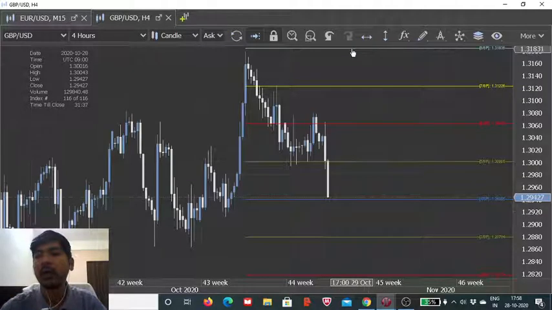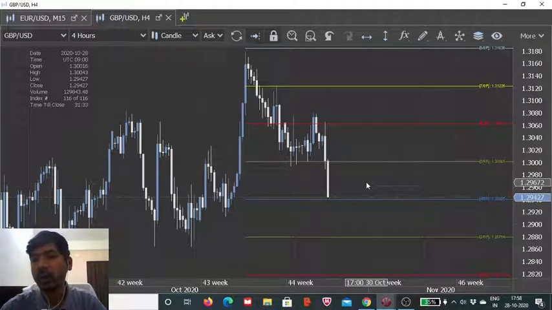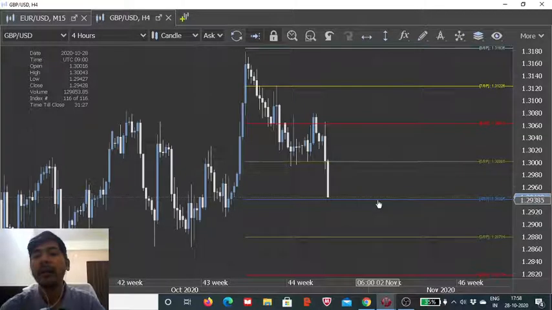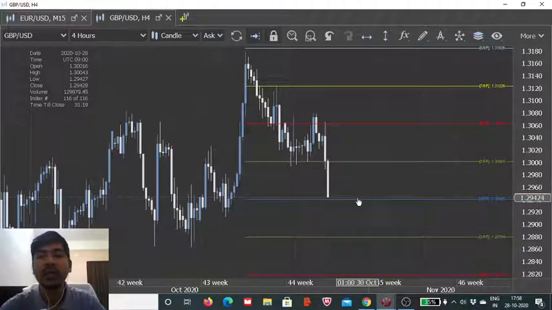So this is the 8th out of 8, and then we go to the 4th out of 8, and the 0th out of 8 is not really visible here. The 4th out of 8 is considered the central line of this formation, which is likely to give you the idea of the underlying momentum, whether it is bullish or bearish.